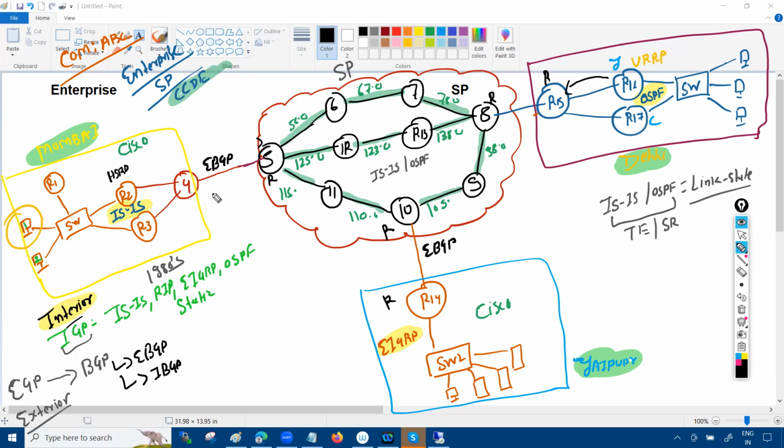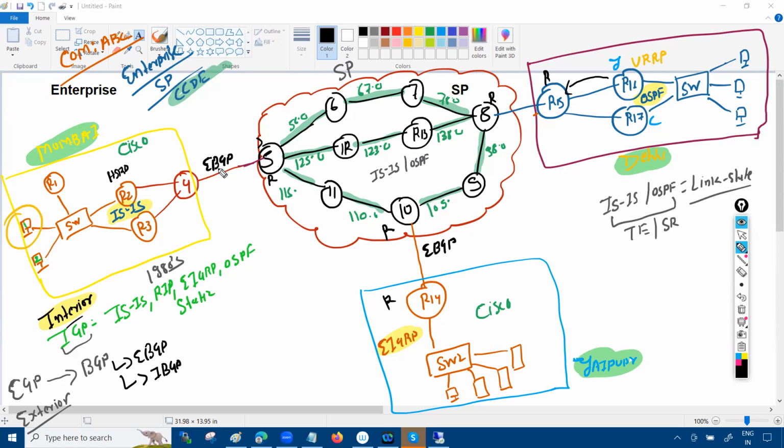You can run OSPF over there too. It totally depends on the agreement between the company and the service provider. If the customer wants to exchange the routes through the OSPF protocol, and if the service provider agrees, then you can go with OSPF. Again, it's a recommendation to go with the BGP protocol.